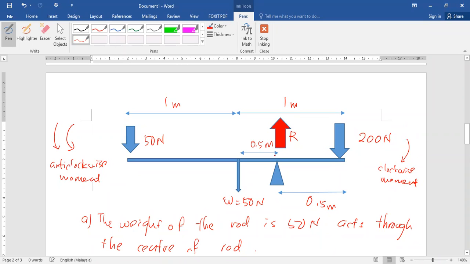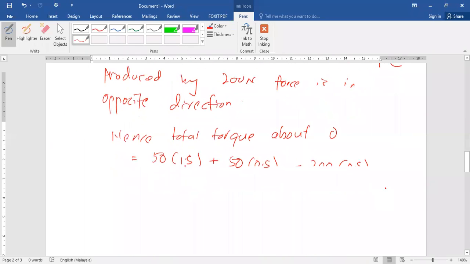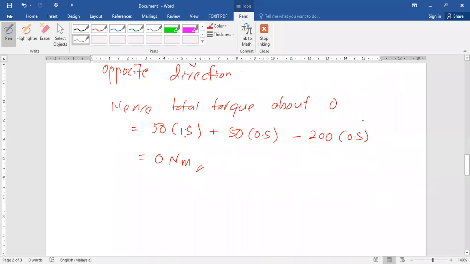So let's say if this side is positive, this side is negative. So the total torque at O is the total clockwise moment plus the total anti-clockwise moment, equal to how much? This direction is positive, this direction is negative, right?